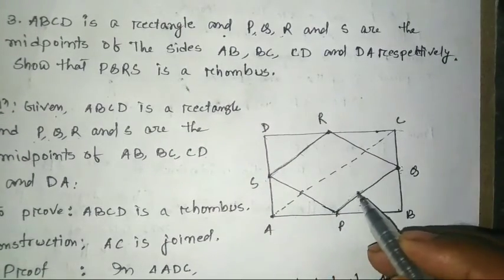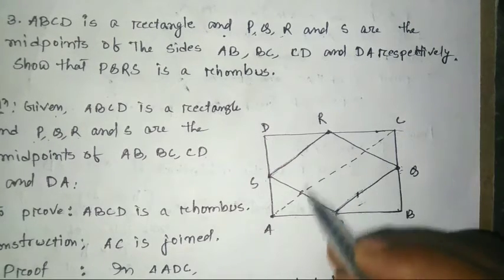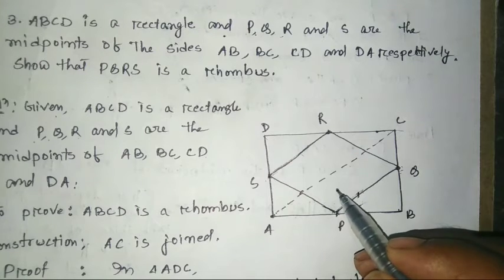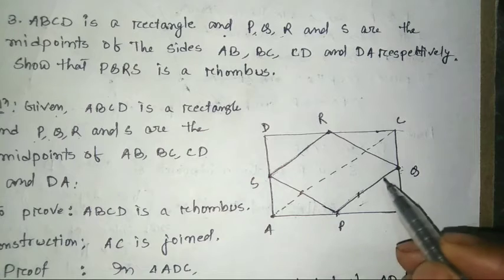PQRS is a parallelogram. Now since PQRS became a parallelogram, if we can show one pair of adjacent sides equal, then it will become a rhombus.